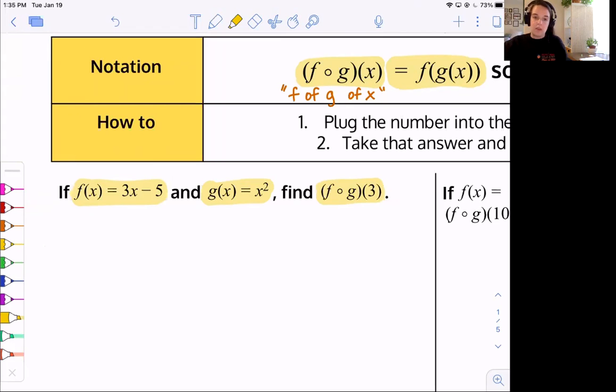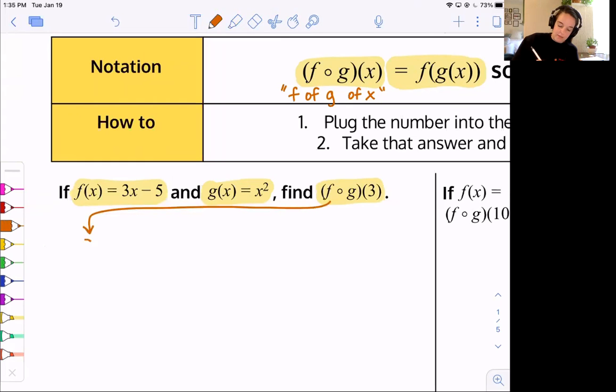All right. So when we have f of g of 3, how we're really going to write that is like this, f of g of 3.